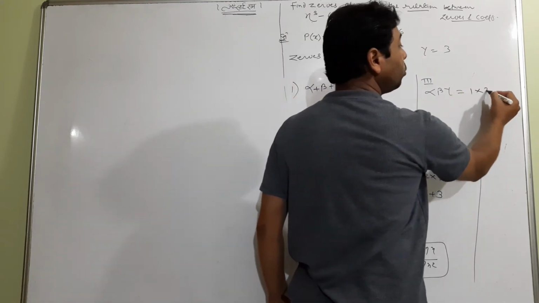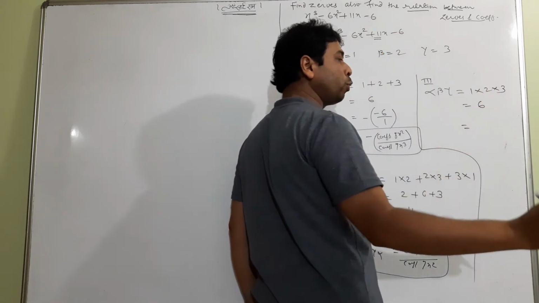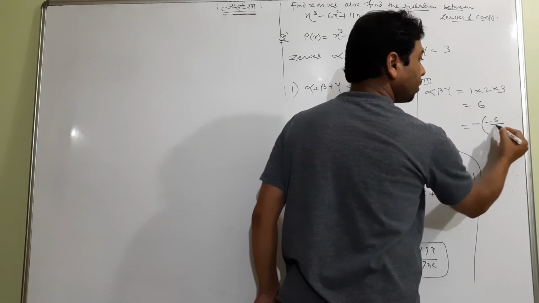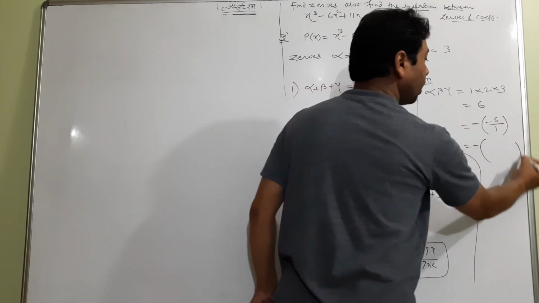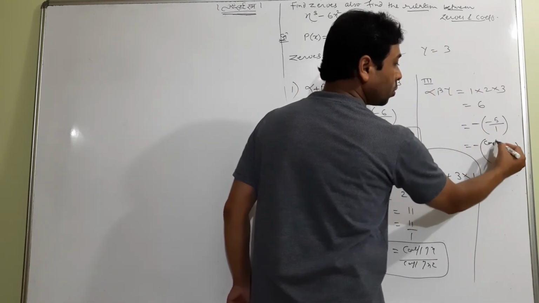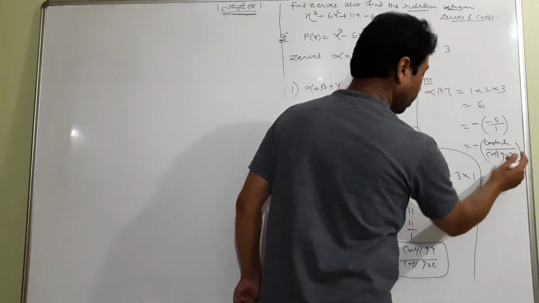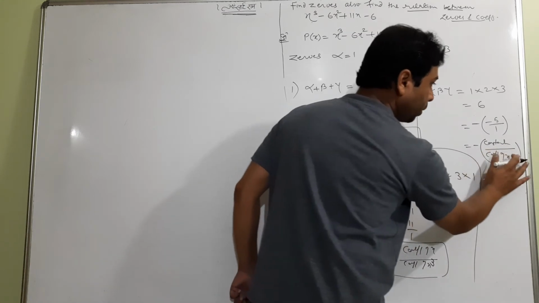Alpha beta gamma: 1, 2, 3, three 2s are 6. And it is always negative, I have taught you, but it is positive. So manage the sign by taking minus. Minus minus plus. Take this minus sign here. And minus 6 is the constant term upon the coefficient of x cube. Sorry, I wrote x square everywhere; it is x cube.